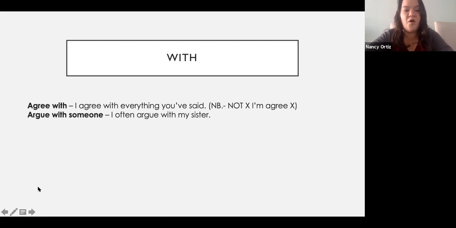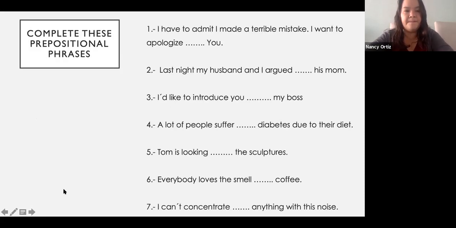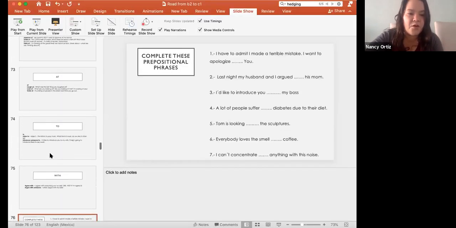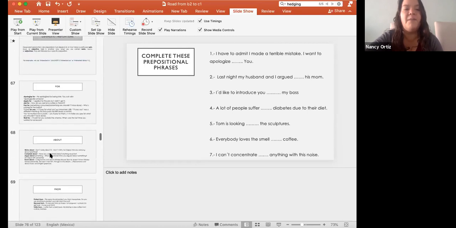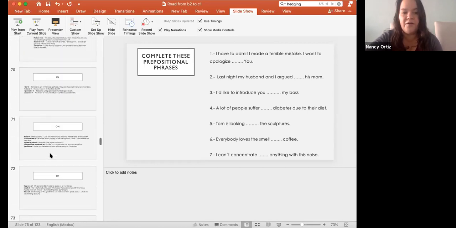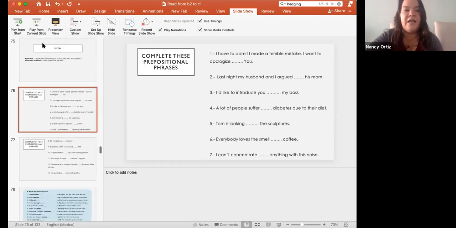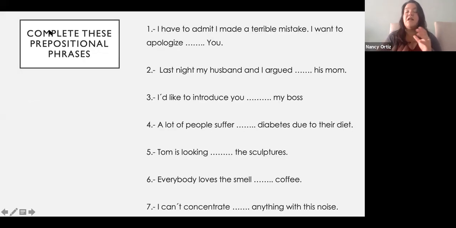We covered the prepositions with, to, at, of, on, in, from, about, and for. Okay, now let's do an activity that is going to help us practice what we saw last class and the three prepositions we started this one with.